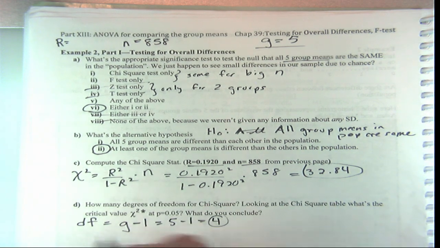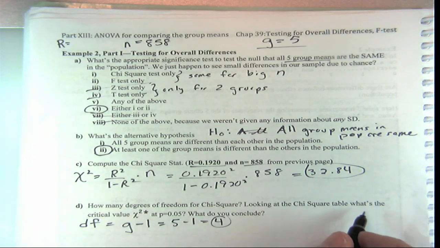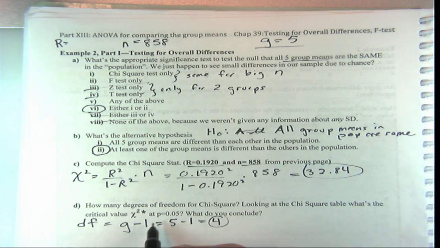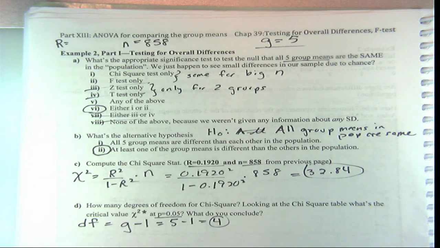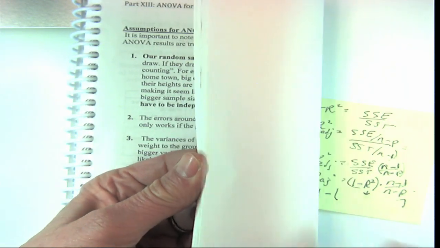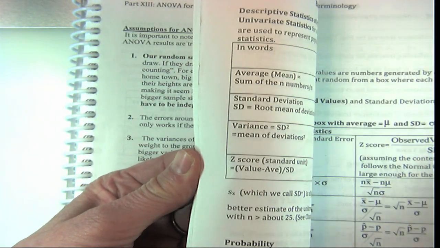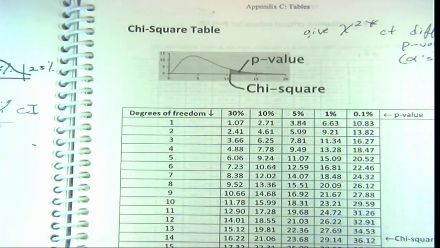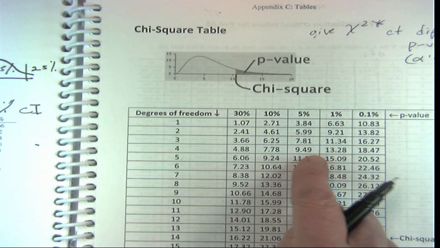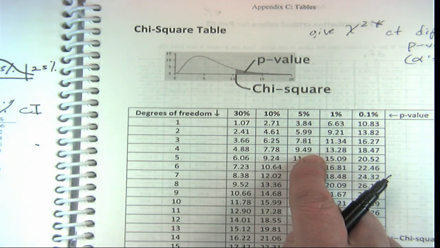But let's compare it. Looking at the chi-square table, critical value at p equals 0.05. Okay, let's look at that. All right, degrees of freedom is 4. At 5%, it's 9.49.